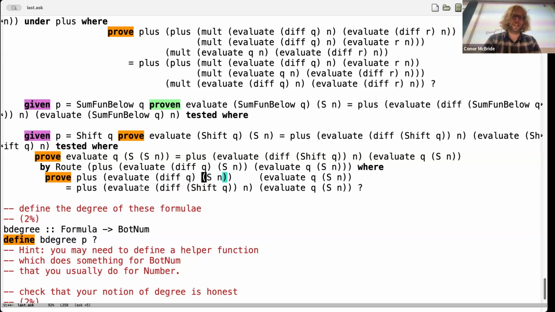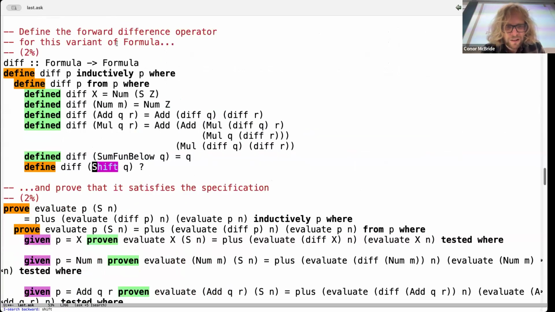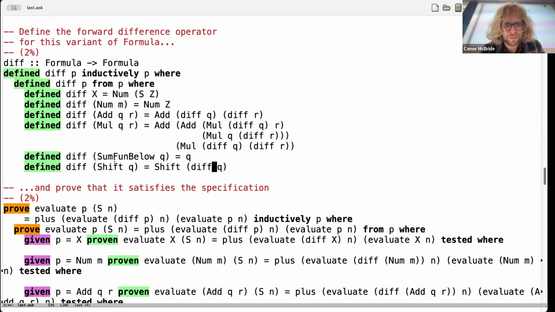But this move of saying evaluate something so you get something else at s of n, that's exactly what evaluator shift was doing, right? So I think if I go up here and I define this to be shift of diff of q, I think that might do it.